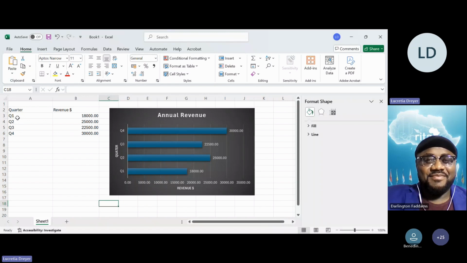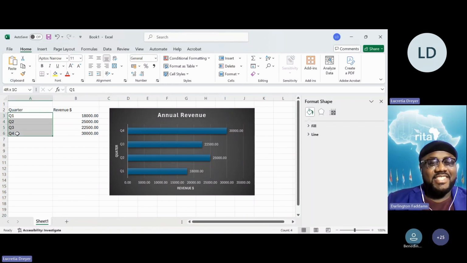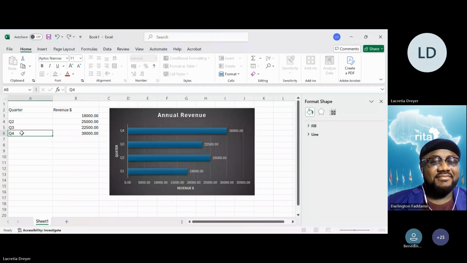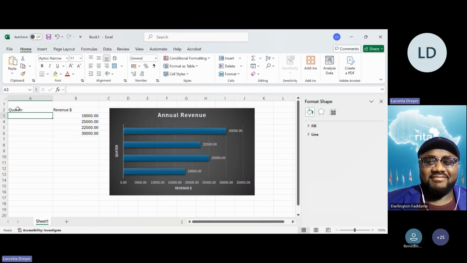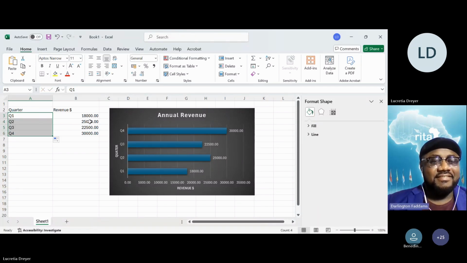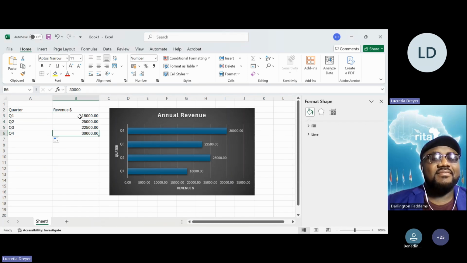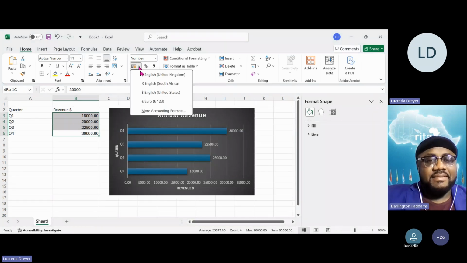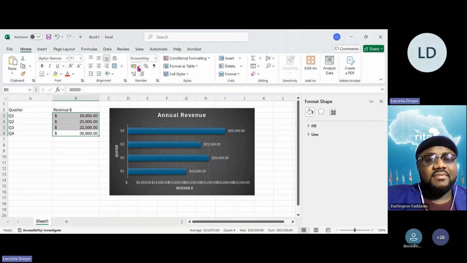So initially what I did, let me delete these. I typed quarter and then I said Q1. So instead of typing everything, I just used the autofill. And then I typed all the money, but because I saw the sheet didn't have currency symbols, I just left it as it was.